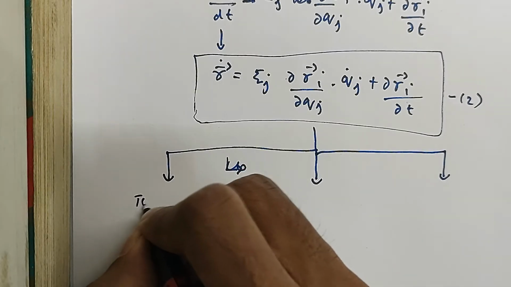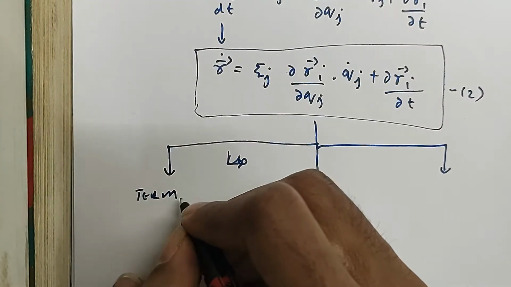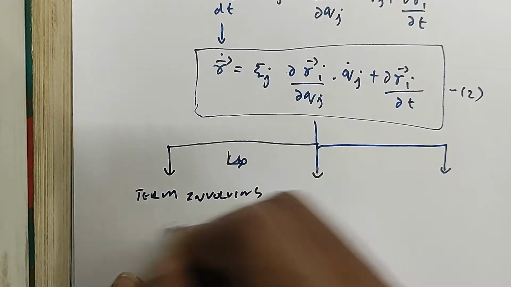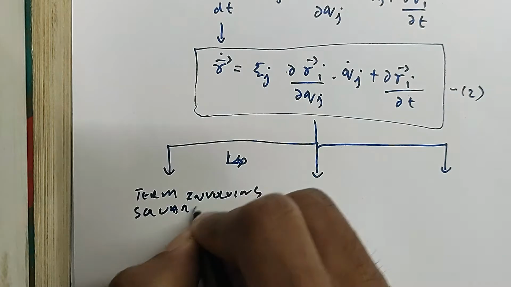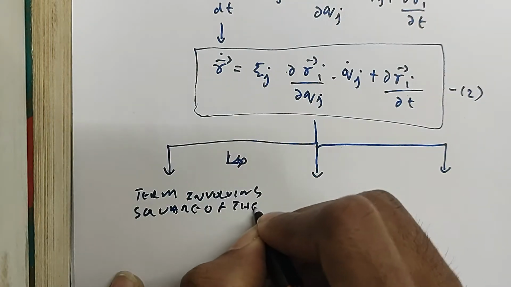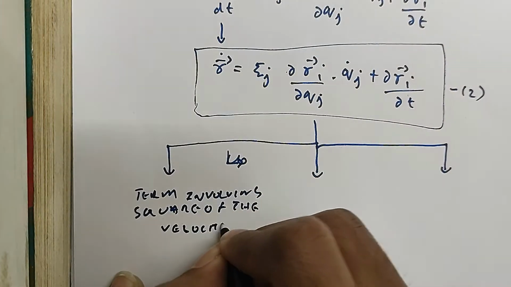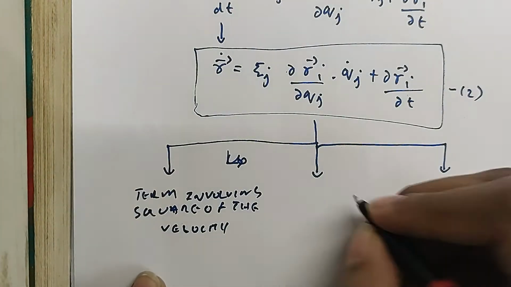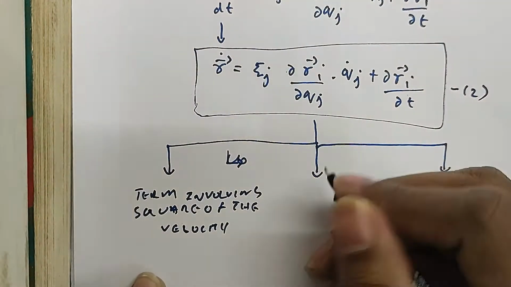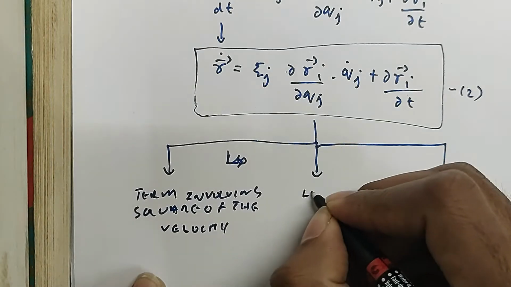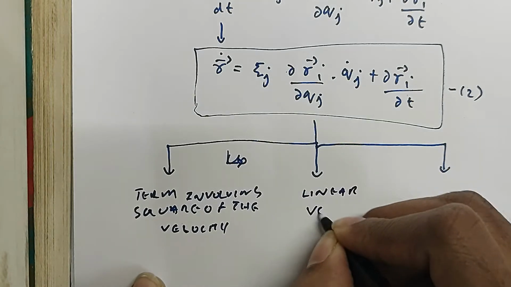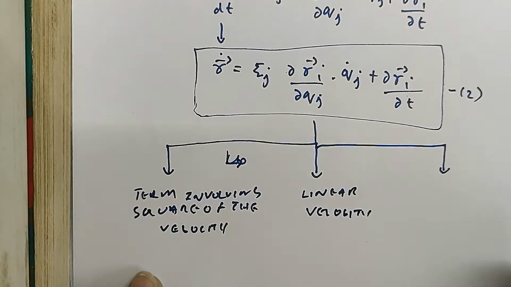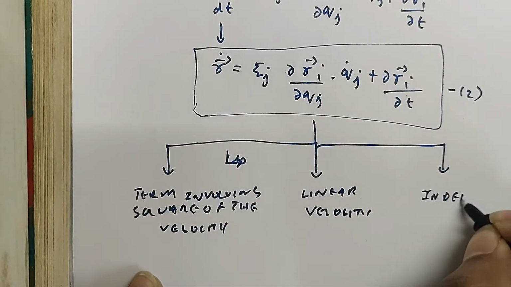The first term will involve the square of the velocity, and the other term would involve just the linear velocity, where the velocity would be linear in that expression, and the other term would be independent of velocity.